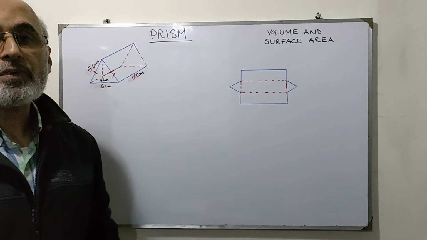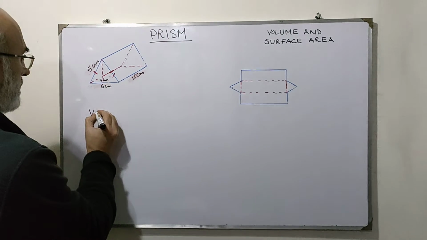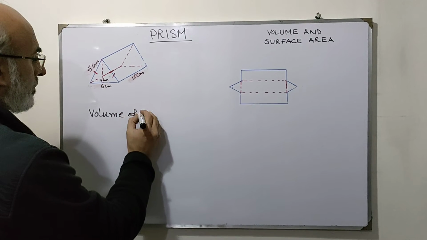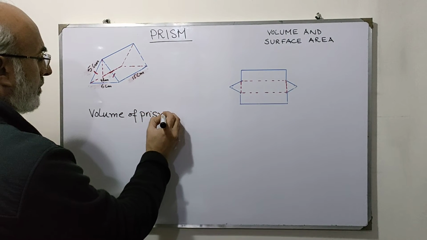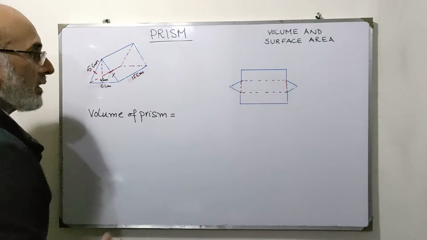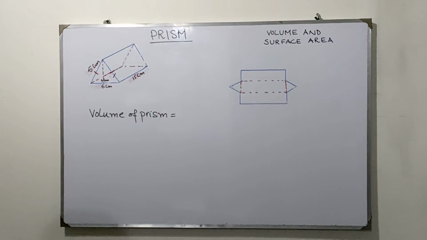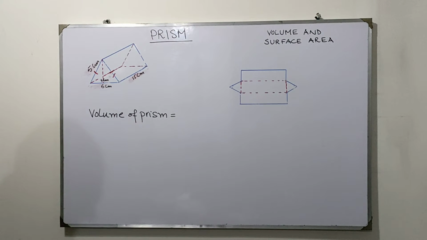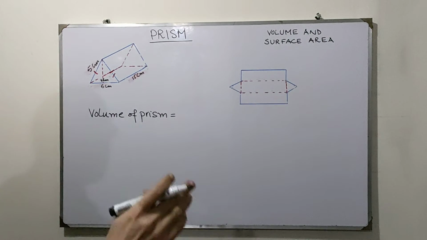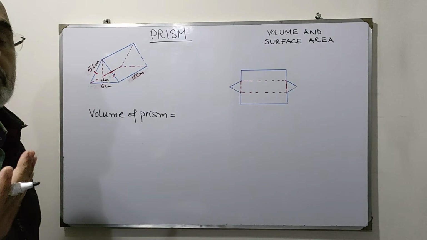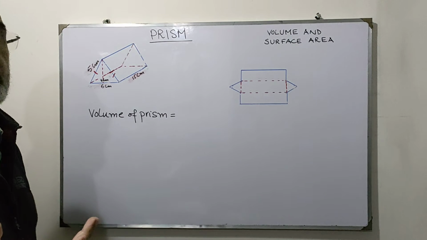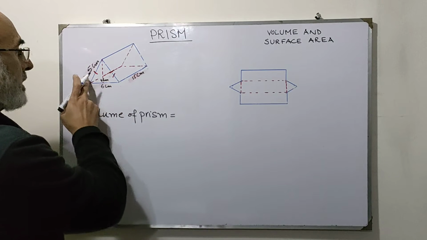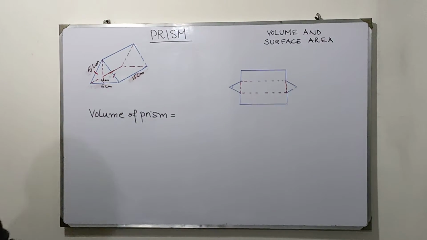Now we have to calculate the volume of this prism. So what is it going to be? For the volume of the prism, first we are going to consider this face.